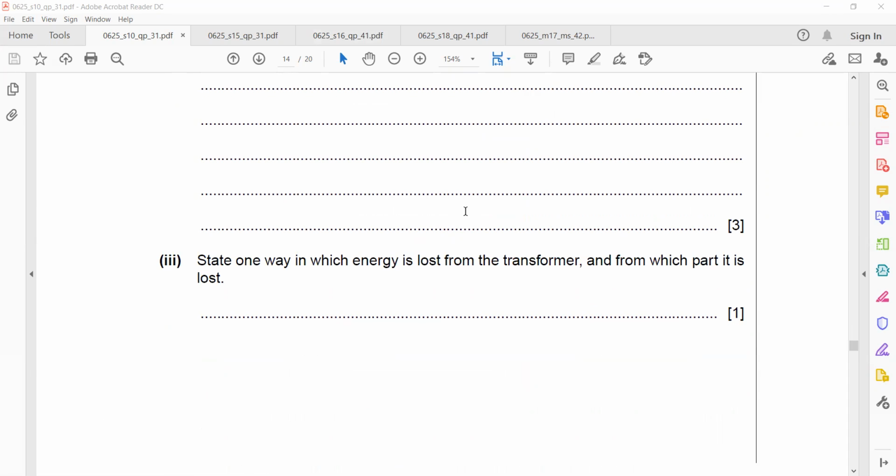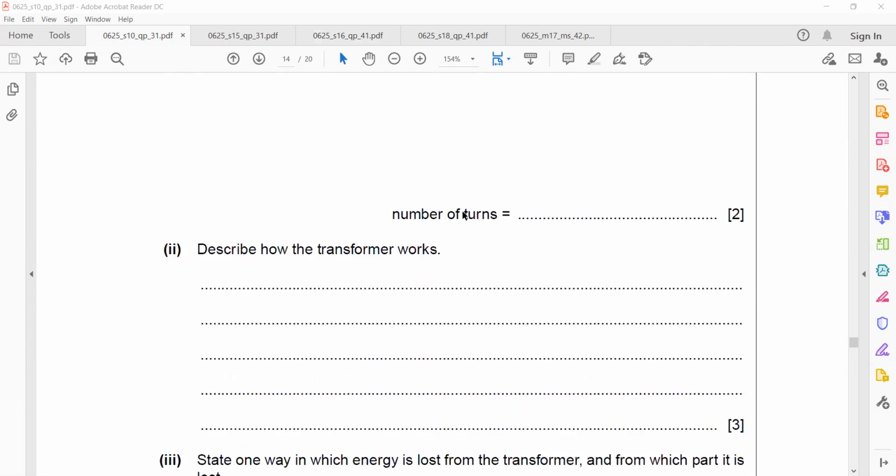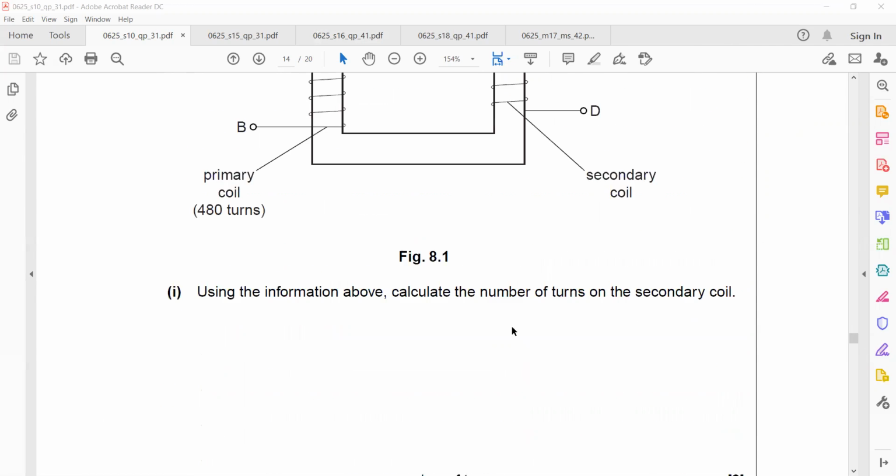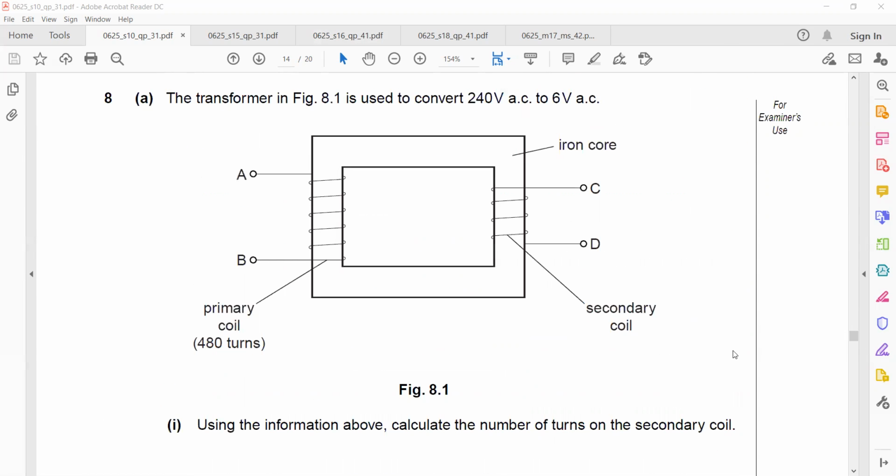State one way in which energy is lost from the transformer and from which part. From where can energy be lost? Energy can be lost in the form of heat, in the secondary, primary, both.